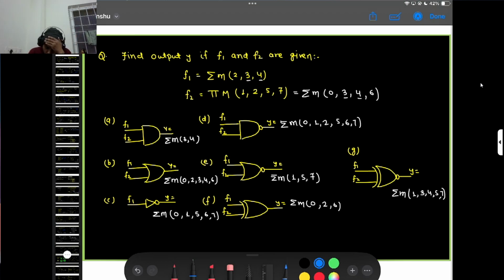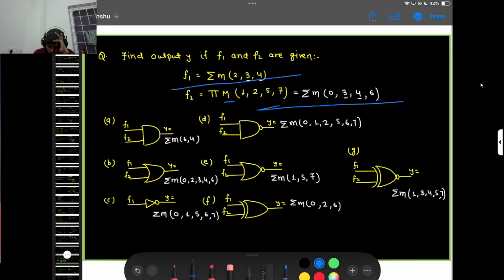Find output Y if F1 and F2 are given. So F1 is M 2 3 4 and F2 is my max term M. So this is my max term and this is my min term.